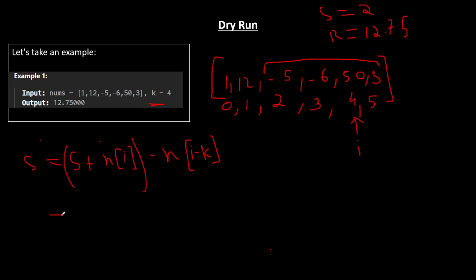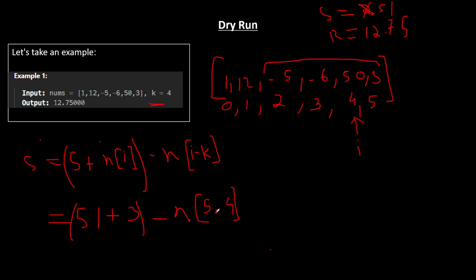Now, the sum was 51. We need to replace the sum also here with 51. Okay. Now we add 3 to it. We subtract nums of I minus k. I value is 5, k value is 4.